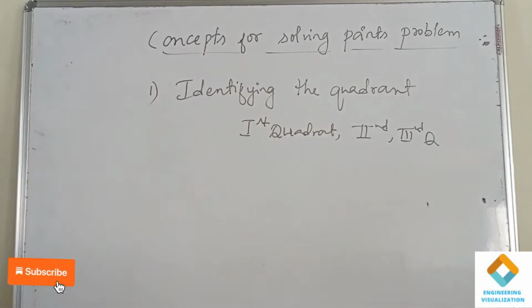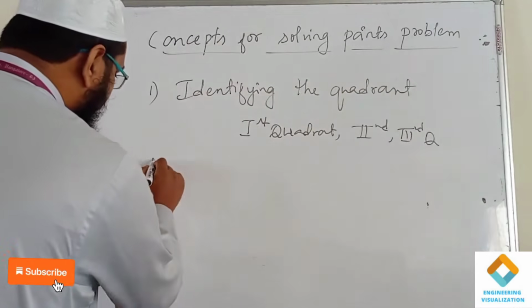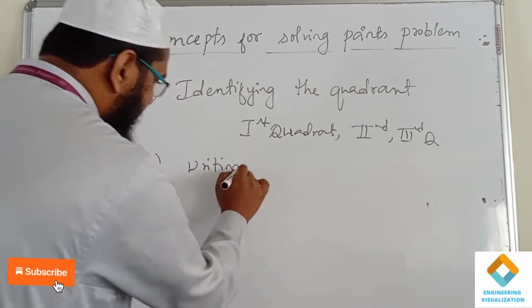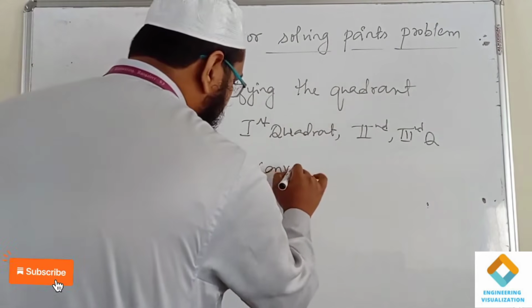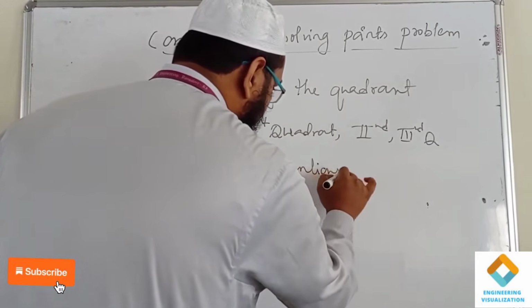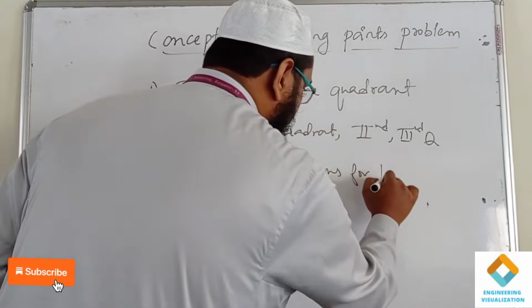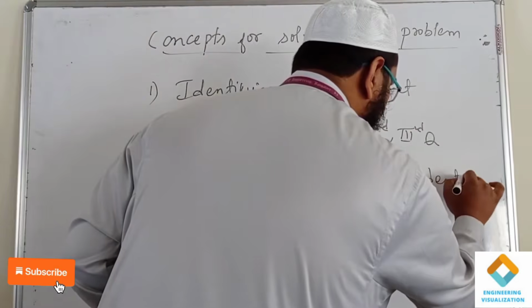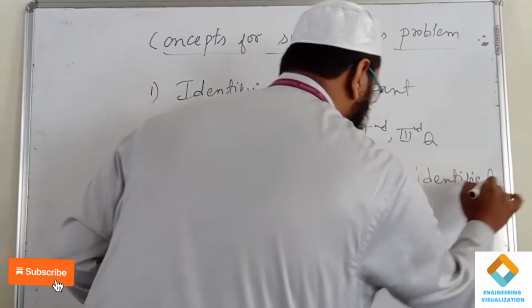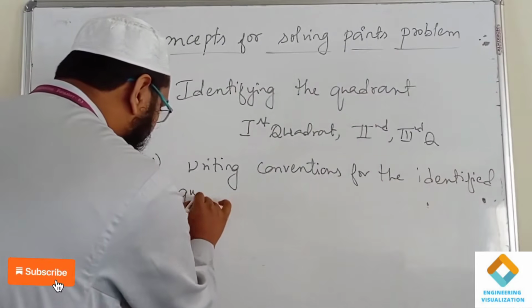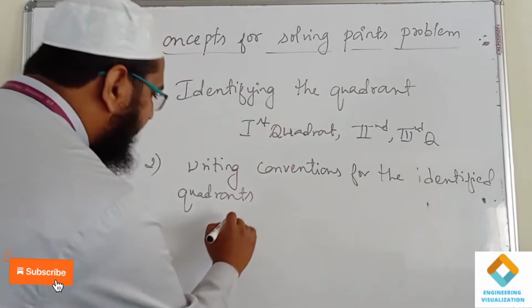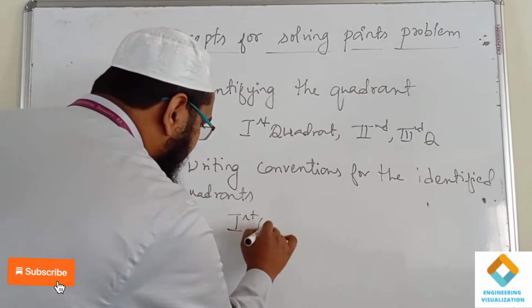Now, the second concept is writing the conventions for the identified quadrant. Say we have identified it is in the first quadrant.